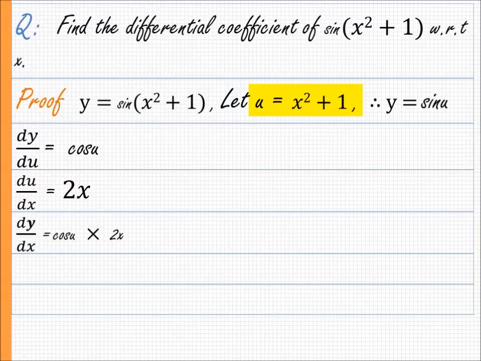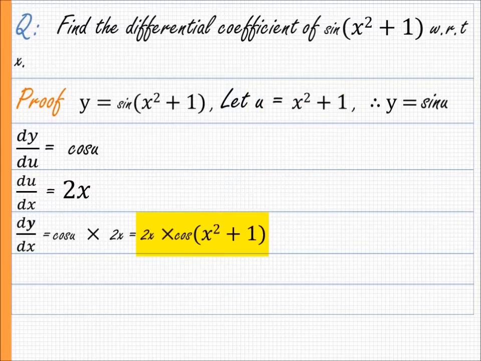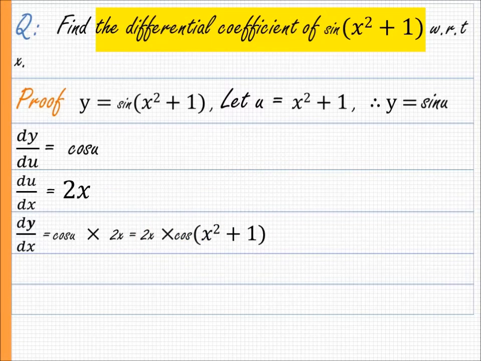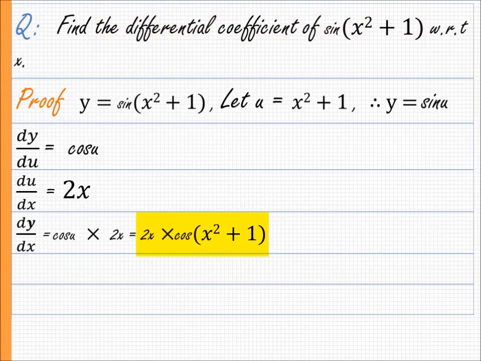That means dy upon dx is equal to 2x into cos of x square plus 1. So the differential coefficient of sine of x square plus 1 with respect to x is 2x cos of x square plus 1. In this question, we made use of the chain rule to find the differential coefficient of the given function.